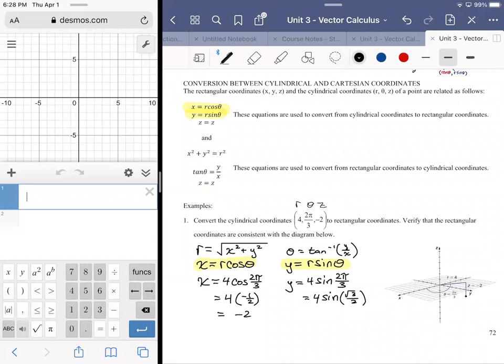So negative 2 radical 3. So x, y, z is negative 2, 2 radical 3, and z is equal to z, negative 2. Then all we'd want to do is verify that that's equivalent to the polar coordinate.